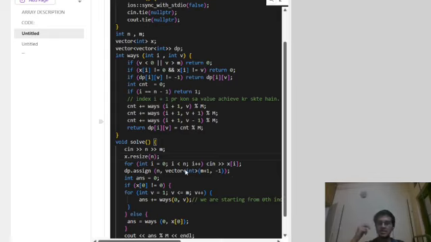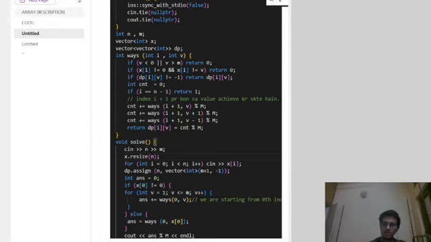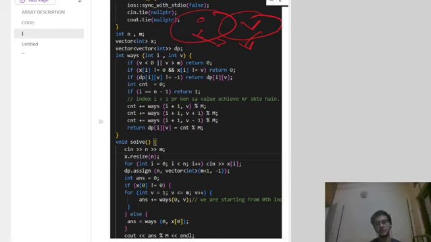Here we have created a 2D DP vector, since we have two states, and the states are the index and the value v. So these are the two states. Like at index i, what is the value we are getting? And since we have two states, we are creating a 2D DP vector.